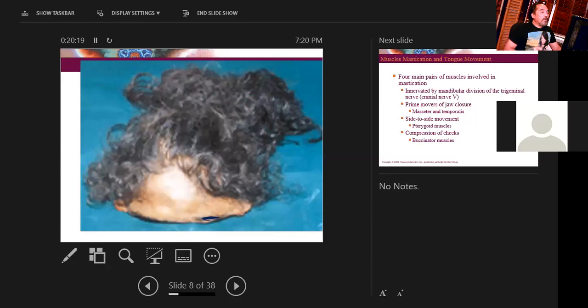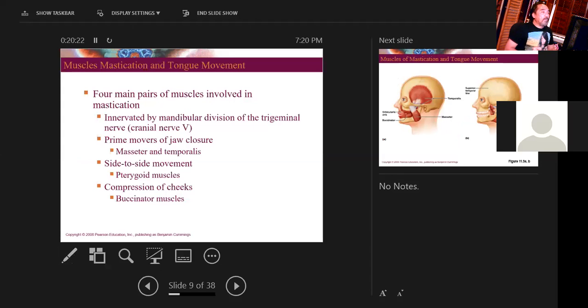Okay, so now let's go on to the muscles of mastication. And then later on, we're going to see the tongue movement muscles. So we're moving to the muscles of mastication. The nerve innervation for that is cranial nerve 5. Okay, so how do you remember that?